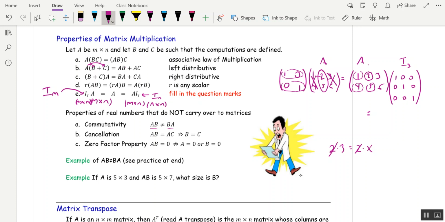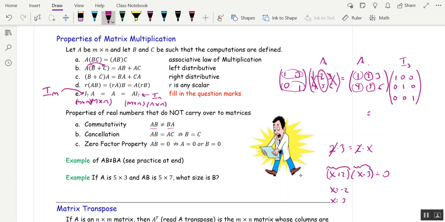You can't do that with matrices because it might not be true. Zero factor property is related to that. If the product of two matrices is 0, that doesn't necessarily imply that A is 0 or B is 0, that one of the two factors is 0. In algebra, we do have the zero factor property. For example, if x plus 2 times x minus 3 is 0, then we know either x is -2, this factor is 0, or x is 3, this factor is 0. Don't have that with matrices.